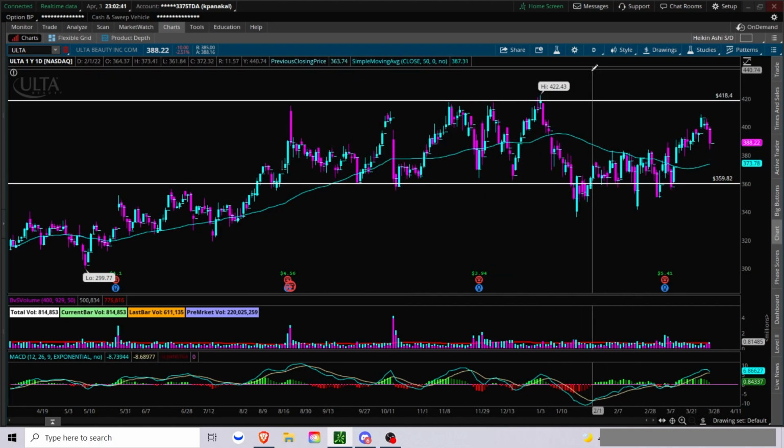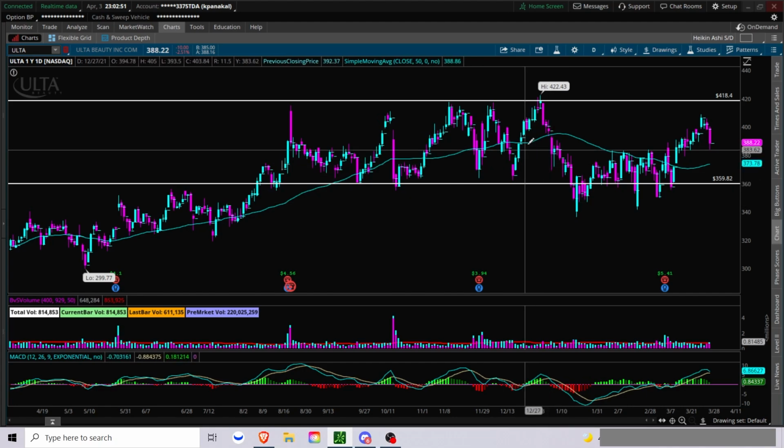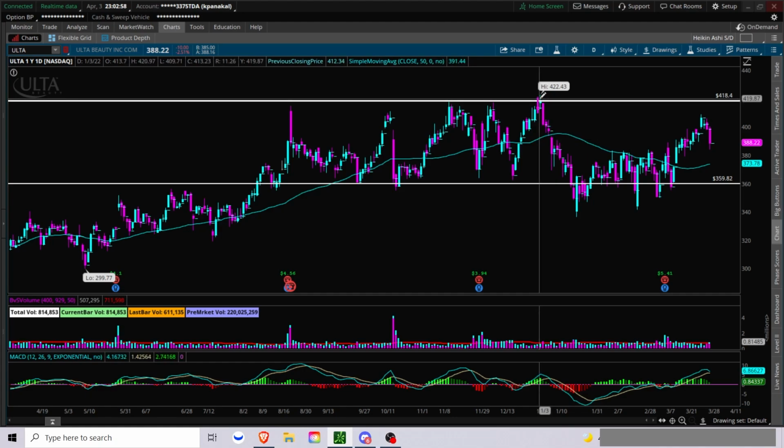We could trade the reversals when we touch the top or bottom of the range. For example, if ULTA trades up to 418.40, we could look to trade the reversal into the downside to the bottom of the range.